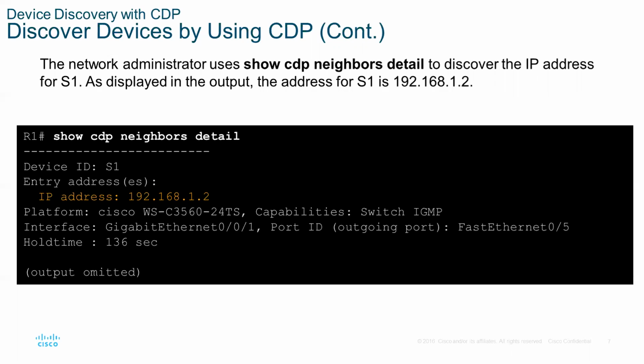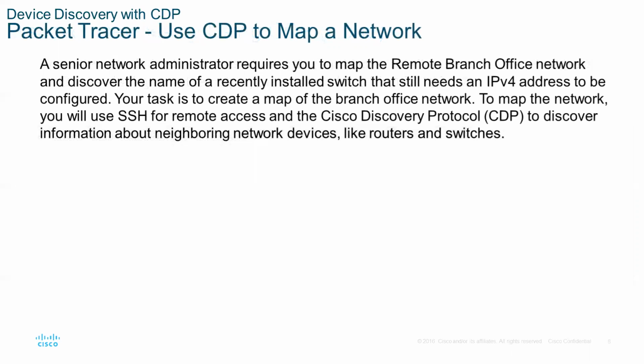So we basically get the same information in a slightly different format, but we now have the IP address of that device as well. So get used to using the command via the Packet Tracer activity.